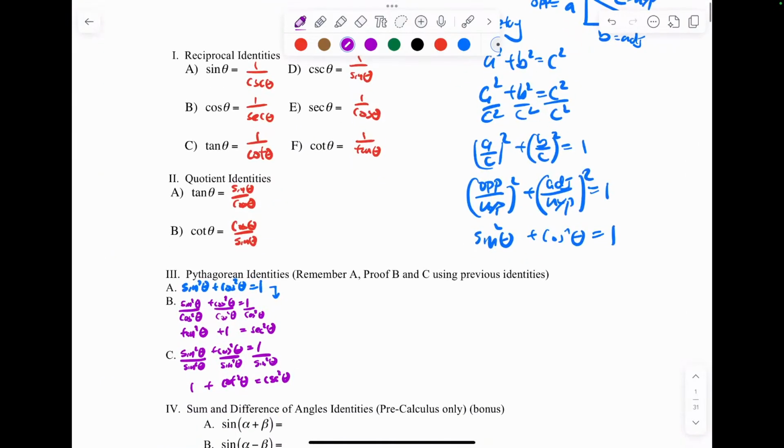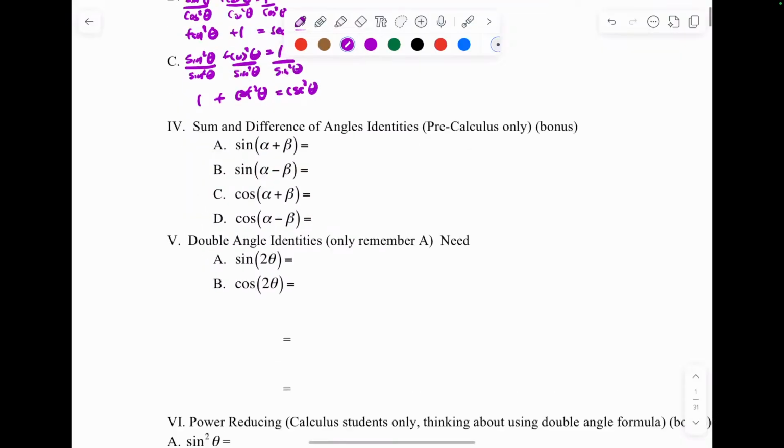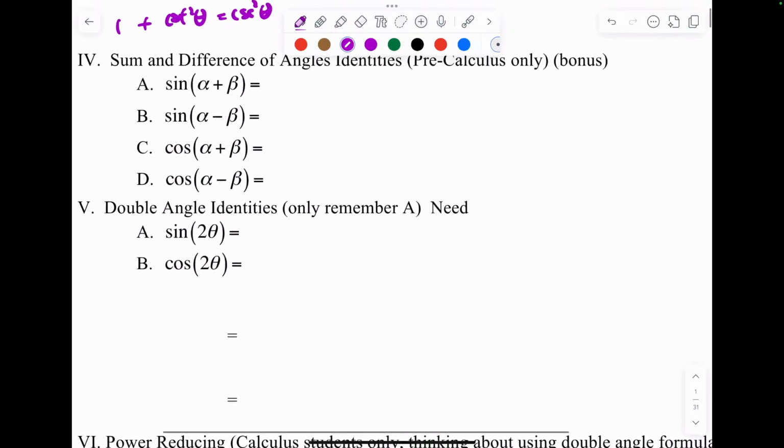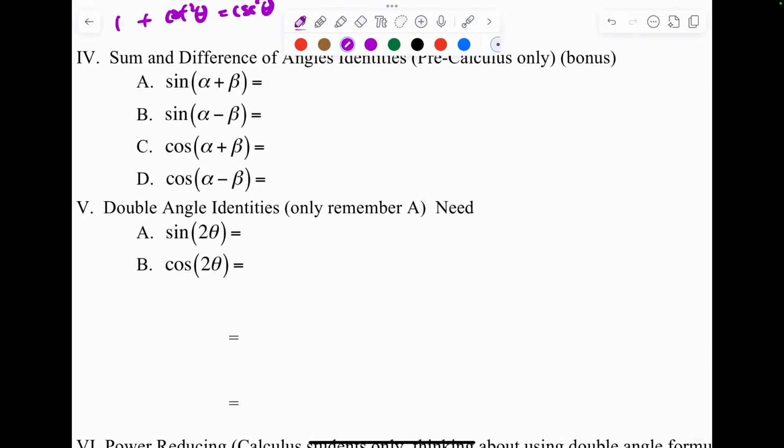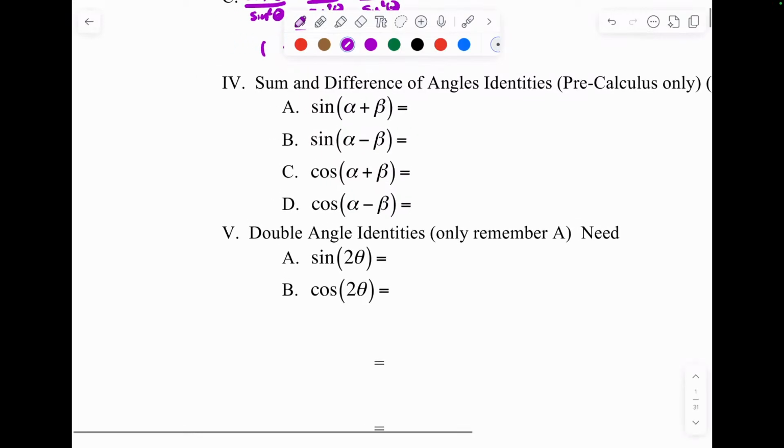So you know half the formulas already. Let's learn the other half. In pre-calc, sine of A plus B, sine of A minus B. The easy way to remember this is the acronym SMS or CSO.